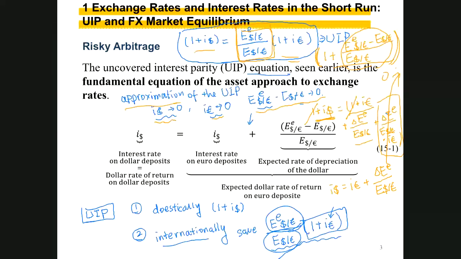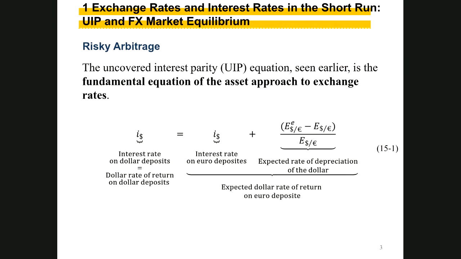Okay, and what is the meaning of all of the terms? So let's take it as a review of the previous chapter. I dollar is the interest rate on dollar deposit, right? Or you could say it is the dollar rate of return on a deposit. Here it is a typo, should be euro, right?